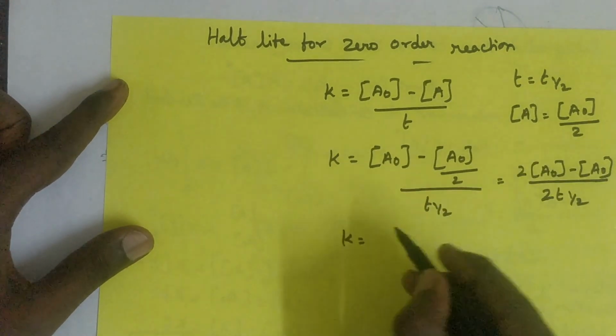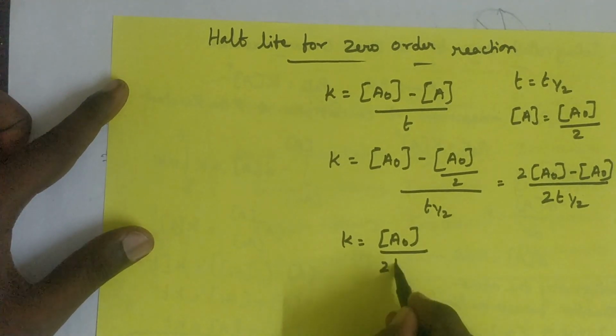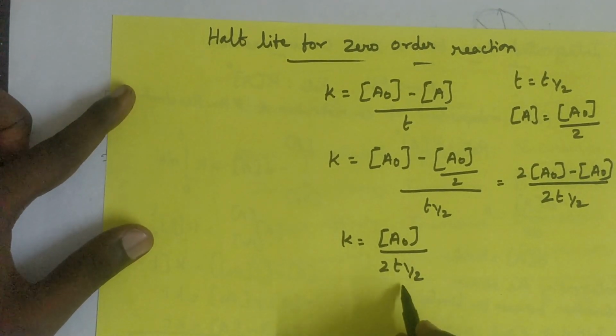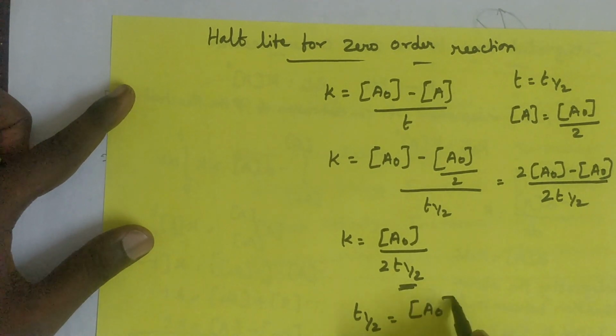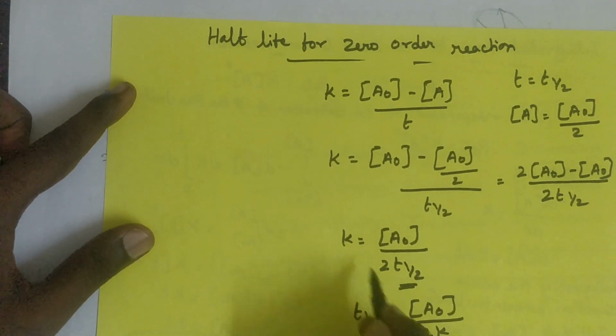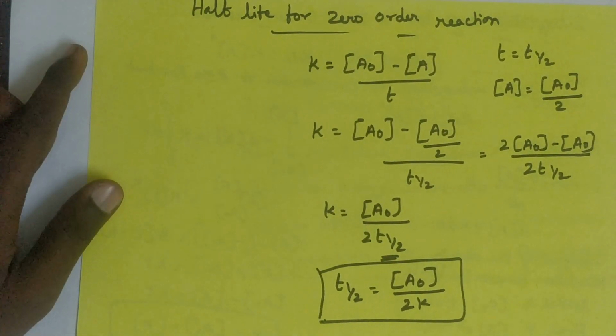So 2 minus 1, concentration of A naught, divided by 2 into t half. We have to calculate half-life, so t half equal to concentration of A naught divided by 2k. This is the half-life of a zero order reaction.